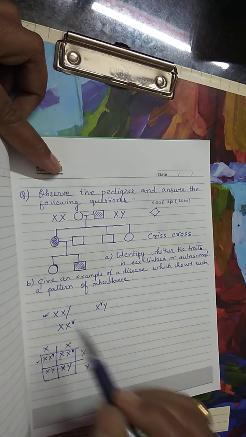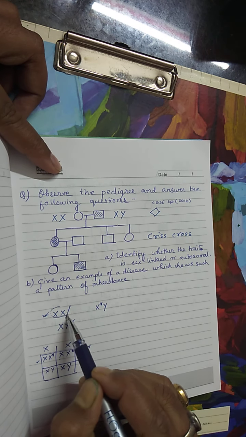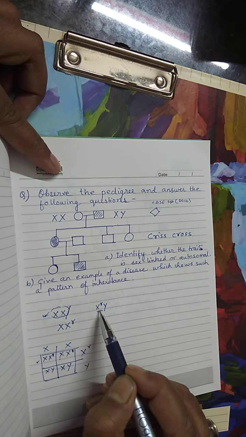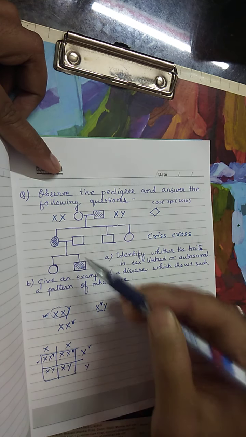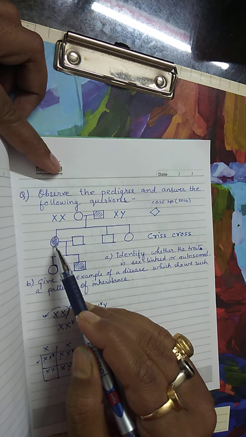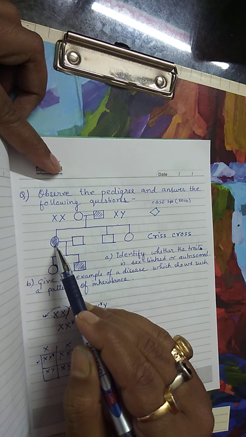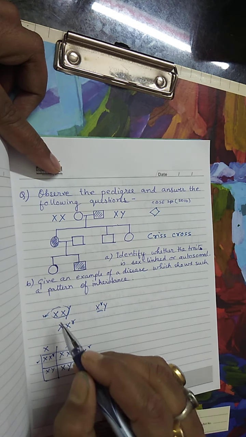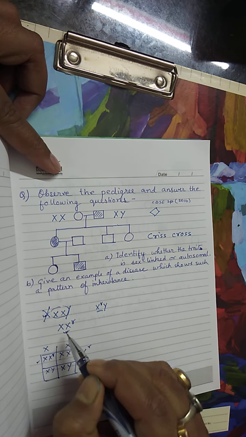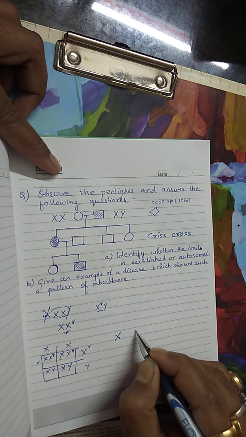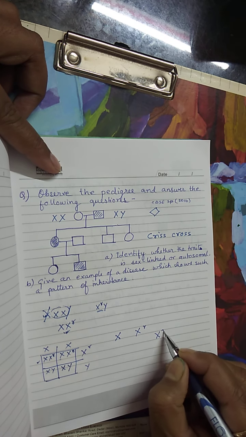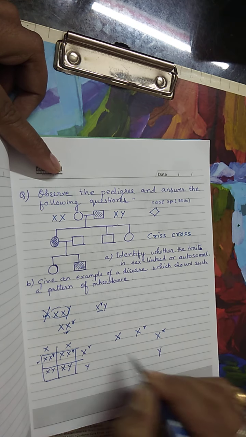Therefore, if a normal female is crossed with a male showing the recessive trait, in the next generation there is no probability of a female with the trait. But in the question there is a female who is showing the trait, so this probability gets cancelled out. Now we are left with the other case: if the female is a carrier, let us see whether there can be a female showing the trait.